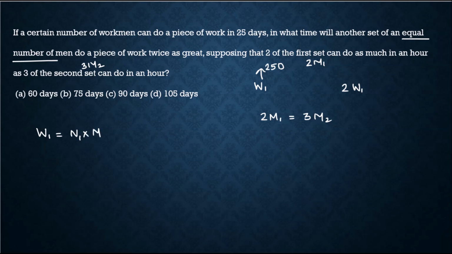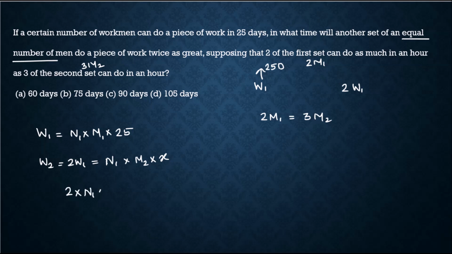W1 is equal to number of men N1 into M1, that means the work by one particular person, into how many days? 25 days. W2 is nothing but equal to 2W1, same number of men working. So N1 into M2 into number of days X.